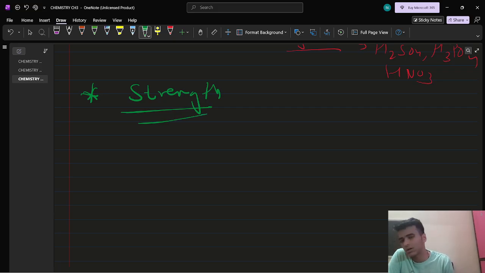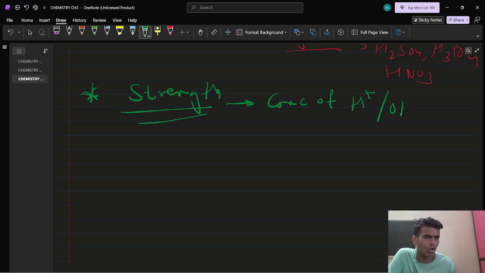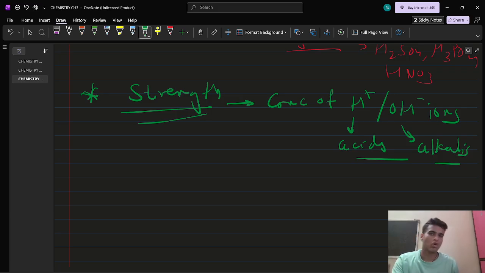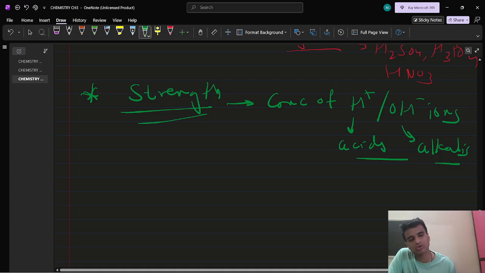It depends on the concentration of H plus or OH minus ions. H plus for acids, OH minus for alkalis. So the higher the concentration, the higher the strength; the lower, the weaker. So obviously a strong acid dissociates almost completely.